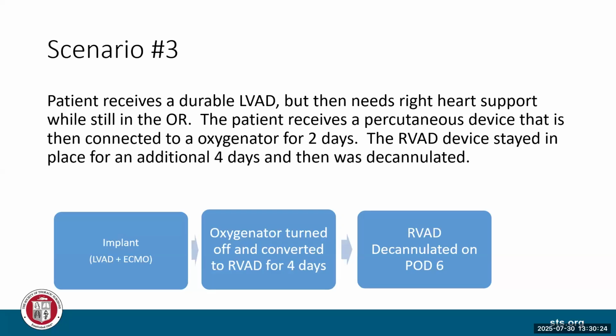And then when the oxygenator was turned off, you would go through another implant, and then the oxygenator is turned on, and then you'd go through another explant. So the patients were looking like they were having more devices than they were. And so this is the solution that we all came up with to handle that.